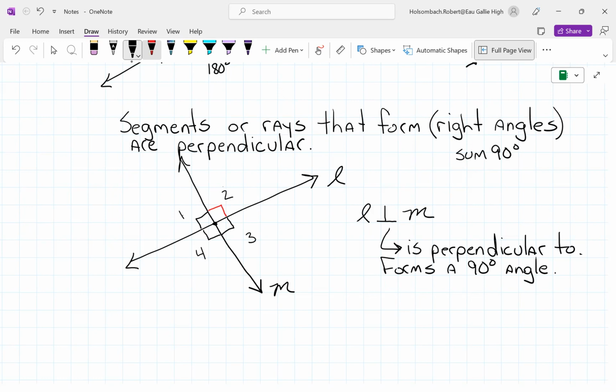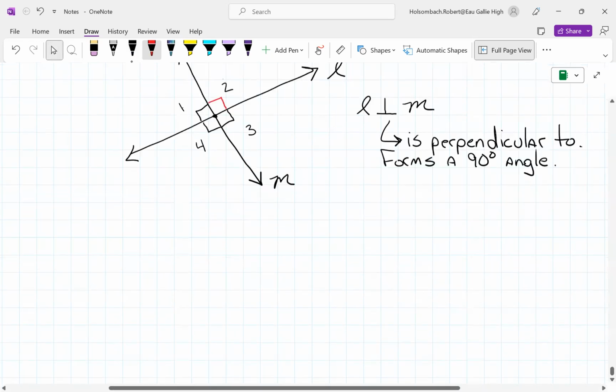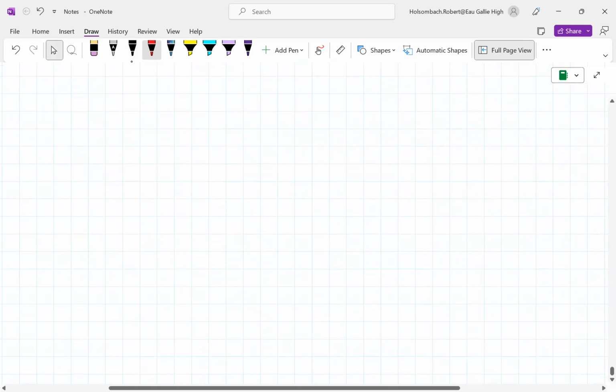All right, so let's look at the example up on the top of page 49, and then I'm going to give you a little bit of practice to do on your own. Top of page 49, they got a diagram up there. And we've got a couple of intersecting lines or intersecting segments.